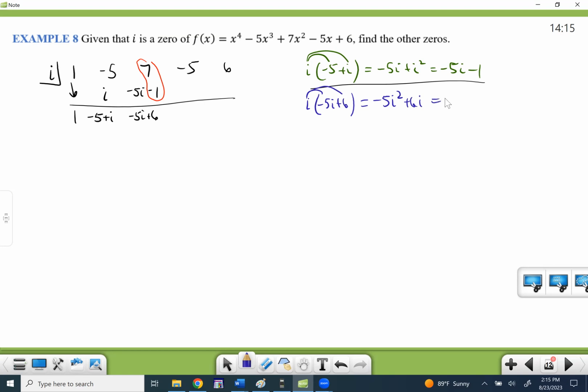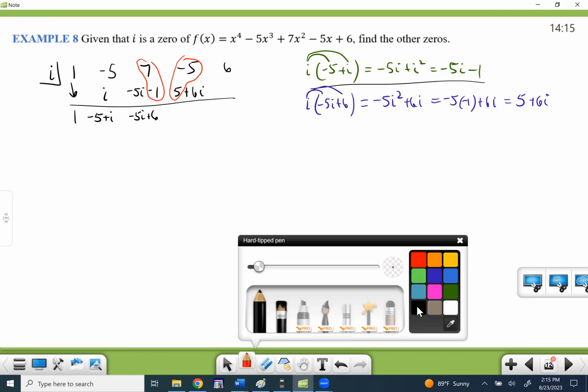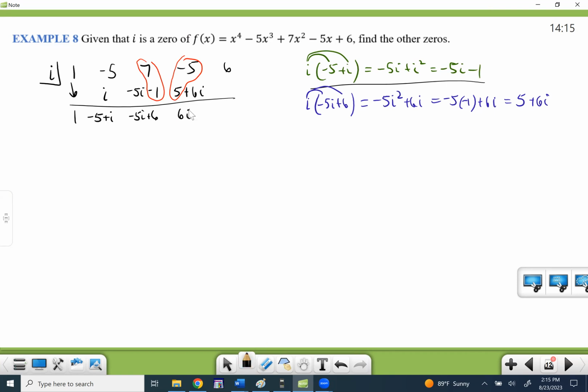Well, we know i squared is negative 1. So when we do negative 5 times negative 1, it's actually going to be positive 5. So we got 5 plus 6i. We're going to combine the like terms, which is very nice. Those are going to go away, right? So we just have 6i.